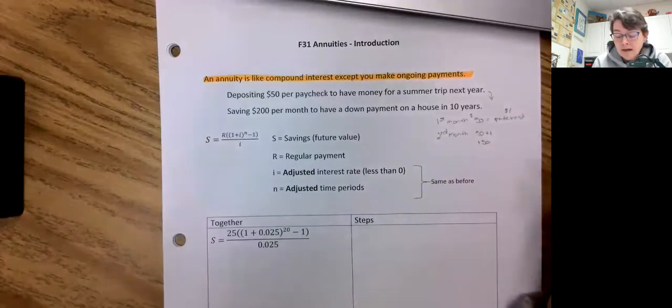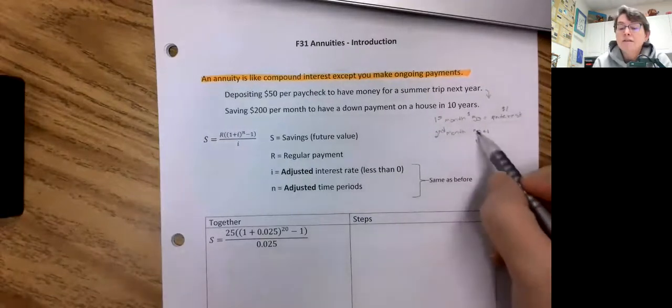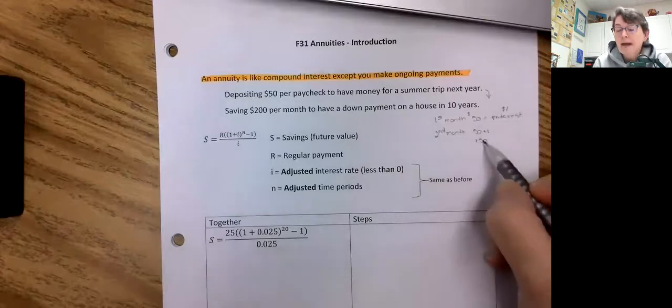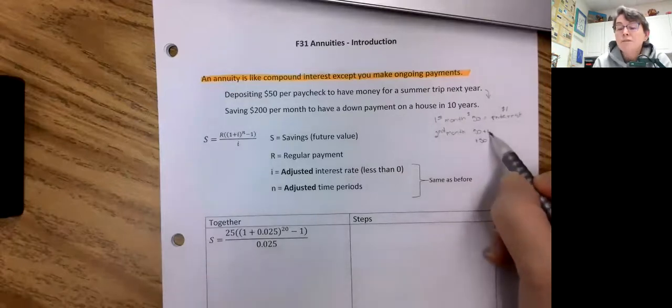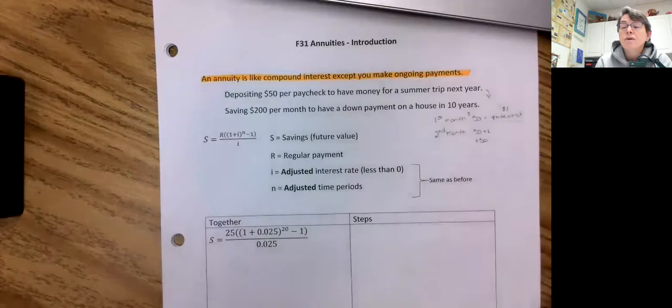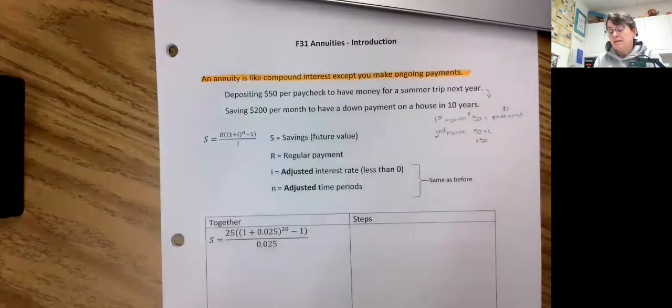So now, not only are you getting interest on the original principal of 50, you added another 50, and you've got some interest. So obviously, it's going to grow way faster than compound interest because you keep adding to the principal. You're always making it bigger. You've got the principal there, you've got the interest that you earned, plus you're making another payment. So it's going to go much faster.